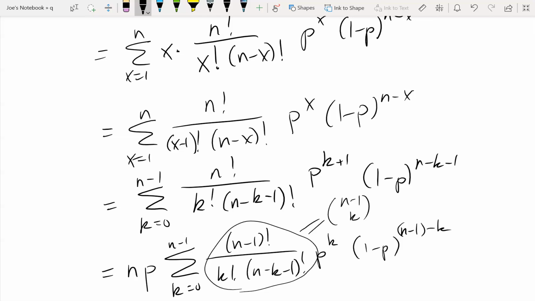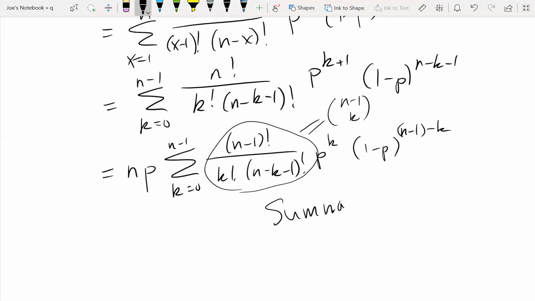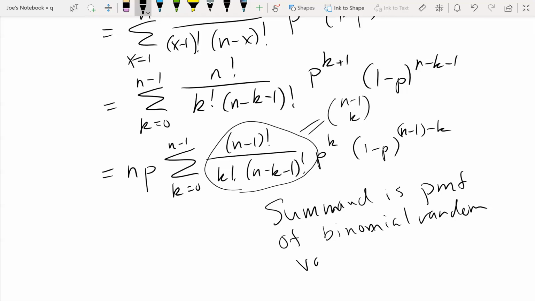So this part that we have over here in our summand, just to write this down, the summand here is the PMF of a binomial random variable with n minus 1 trials, and probability of success still p.